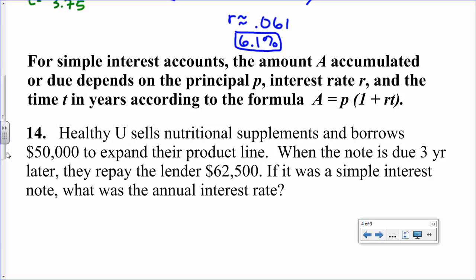Okay. So we're going to look at this problem. Again, it gives you a formula to use, but we're going to use the one that you have to have memorized. So I see simple interest, so that means I'm going to use this, PRT.